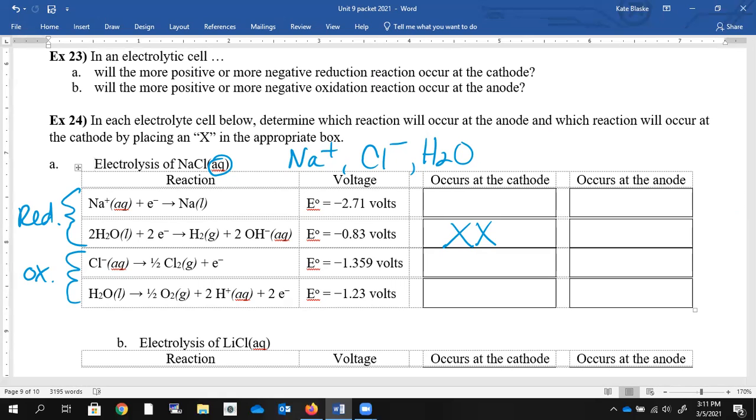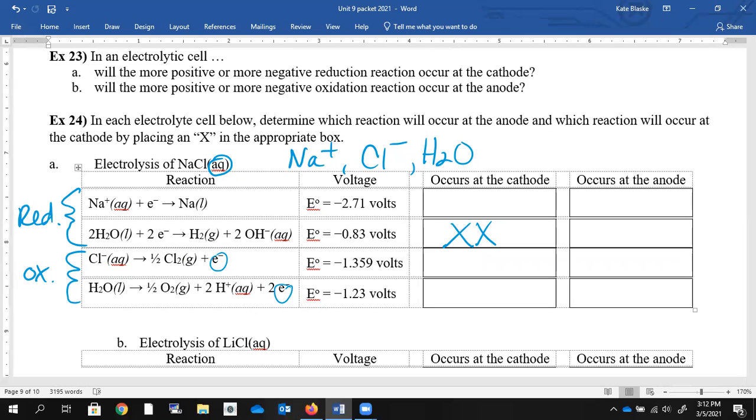If I look at my two oxidation possibilities, the two reactions that can happen at the anode, these are already written as oxidations. They're not written as reductions, right? Because I'm losing my electrons. There's the electrons. Because they're already written as oxidations, the more positive value here is going to be what is most likely to happen at the anode.